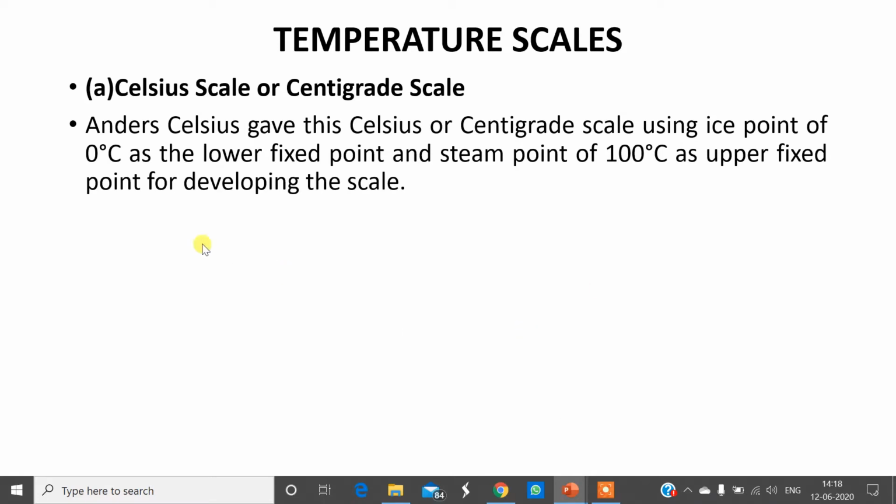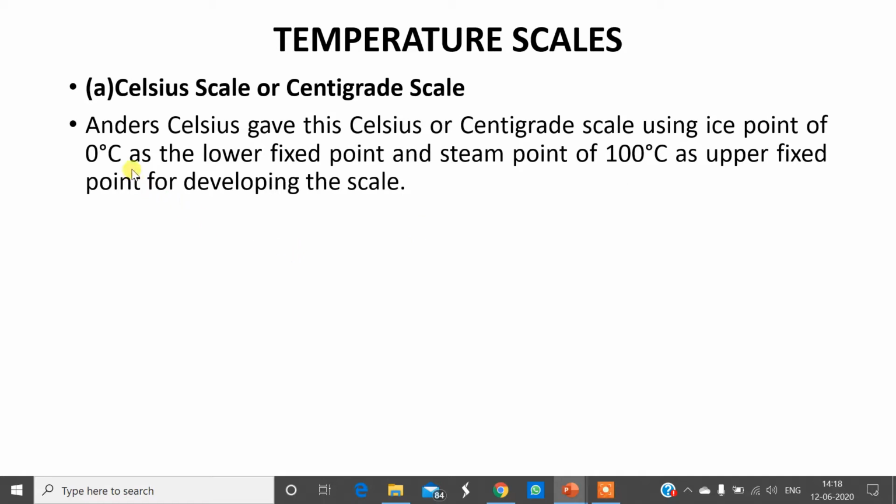Anders Celsius gave his Celsius or centigrade scale using the ice point of 0 degree Celsius as the lowest fixed point and the steam point of 100 degree Celsius as the upper fixed point.